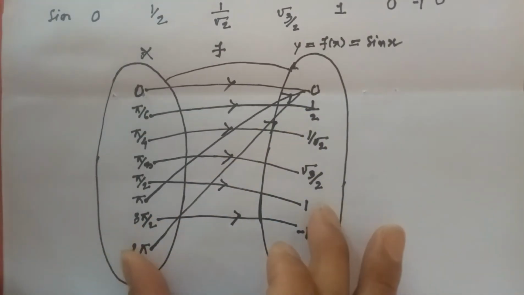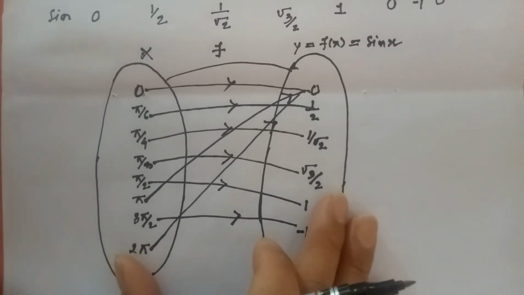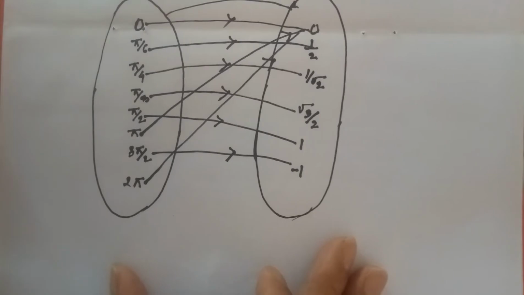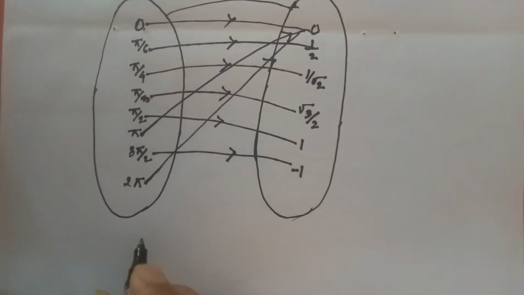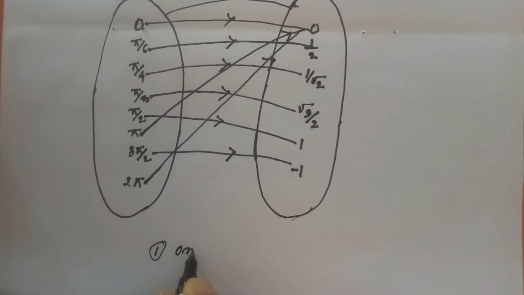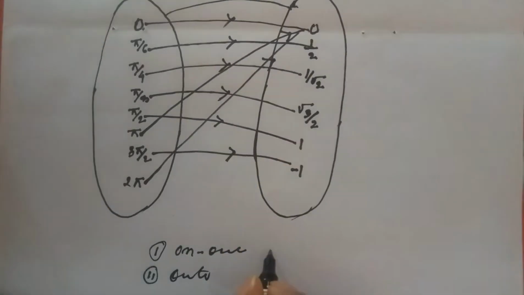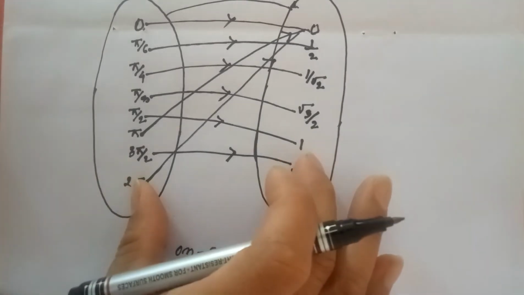So the inverse of this function is not possible. We already know that for having an inverse we have to satisfy two conditions: number 1 is one-one and number 2 is onto, but this function is not one-one, so the inverse is not possible.